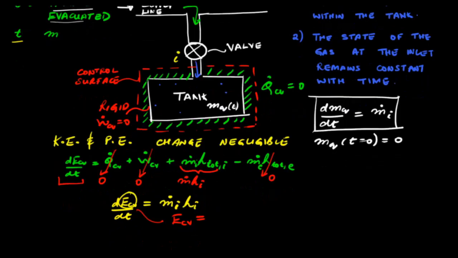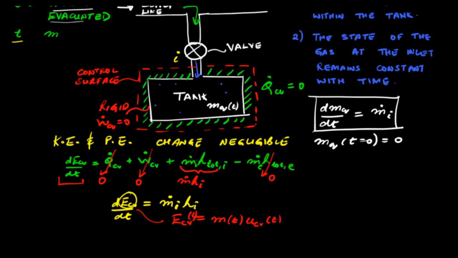Therefore, E_CV is given by the mass of the gas at any particular time t, so m is also a function of time, times the specific internal energy of the gas within the control volume at time t, and we are assuming that the specific internal energy is uniform throughout the tank.